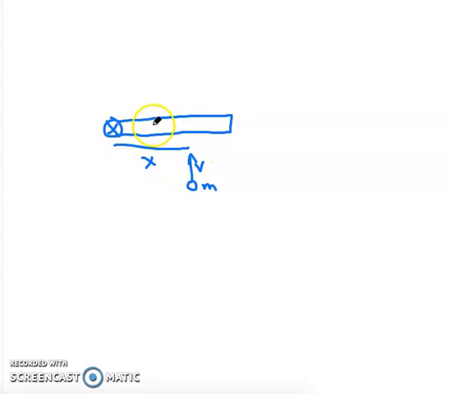Even though this is not rotating initially, this system, if we define a system as the rod and the mass, has angular momentum. Its initial angular momentum is due to this mass because it's moving perpendicular to the axis of rotation, and that would be the linear momentum of the ball times the r.